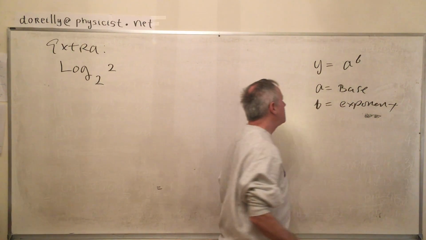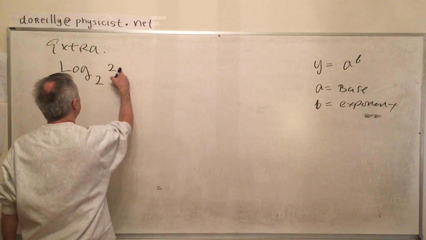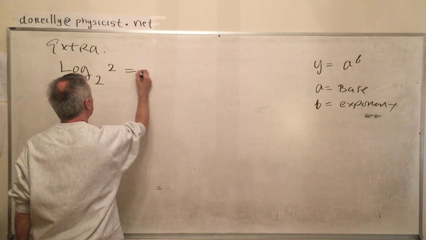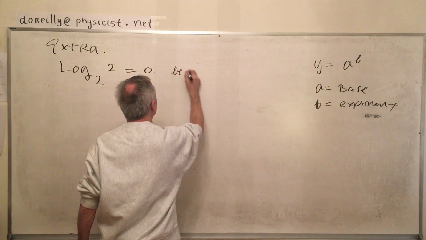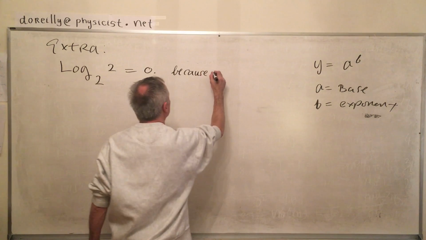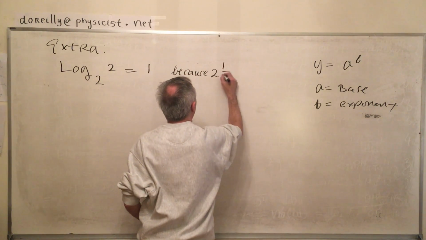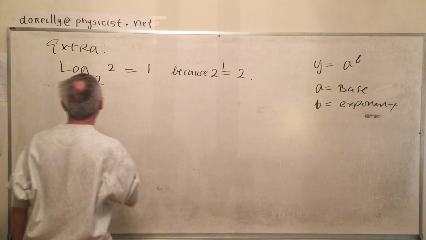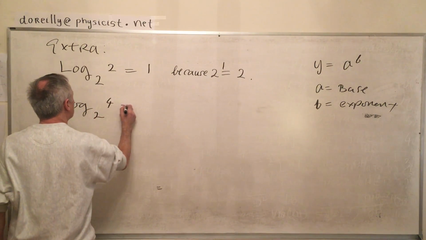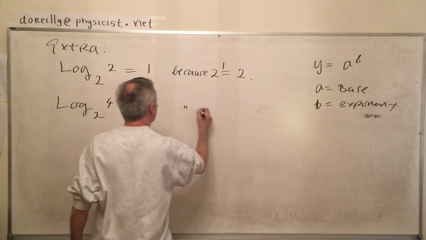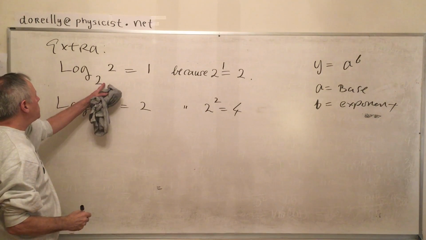Well, the general idea is this. That's the base and that's the exponent. Log of 2 to the base 2 is 1.